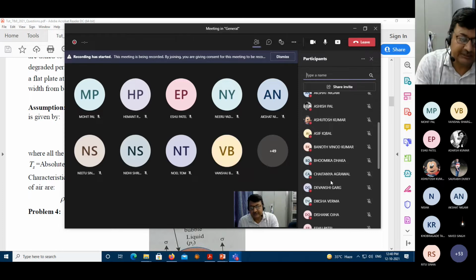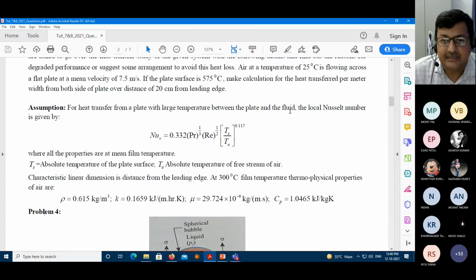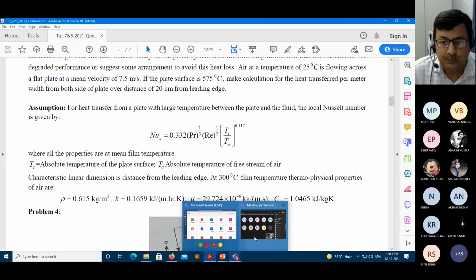Now you may see in the question it is written for both sides. It says heat transfer per meter width from both sides of the plate over a distance. So Q you have to multiply by 2, right?